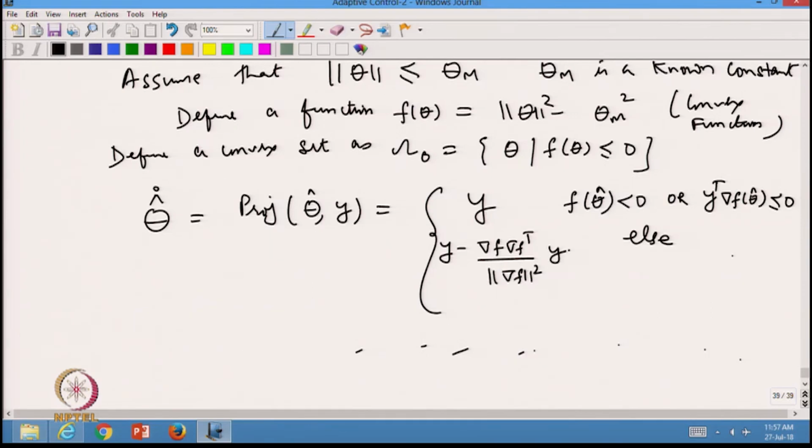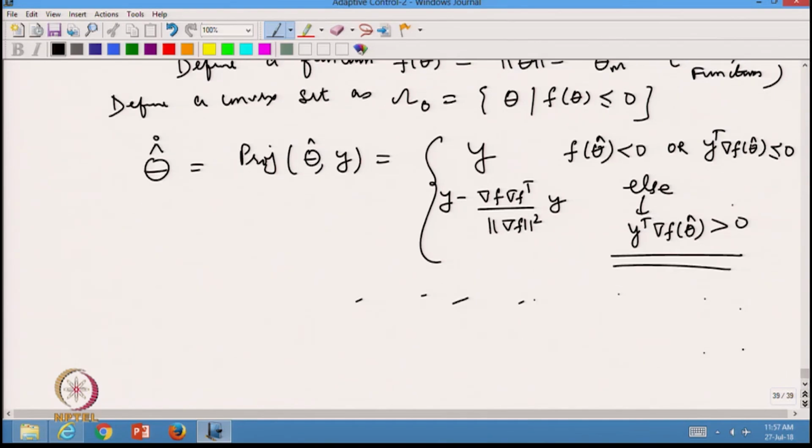Okay, so this else is the case where y transpose gradient del f of theta hat is greater than 0, which means that the derivative vector y is actually pointing outside of the convex set.